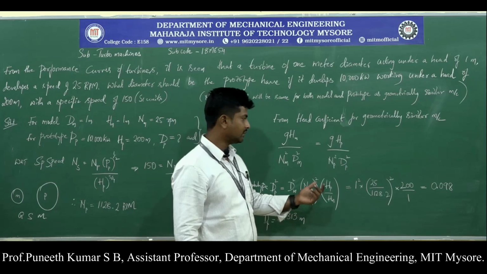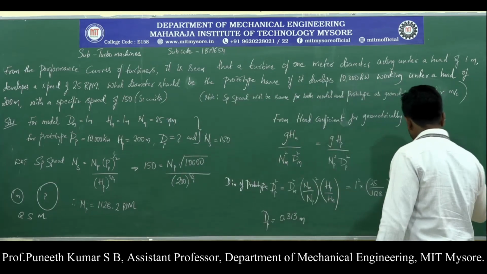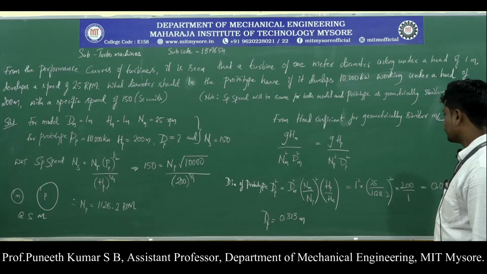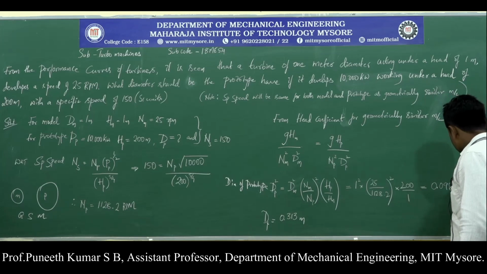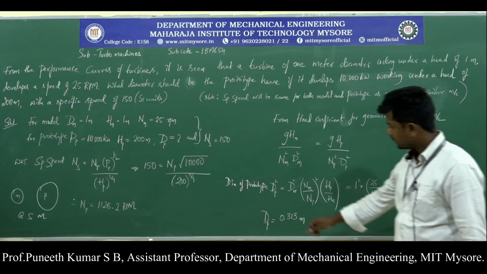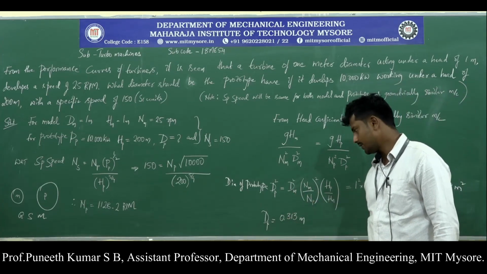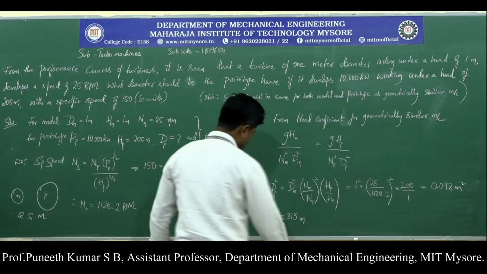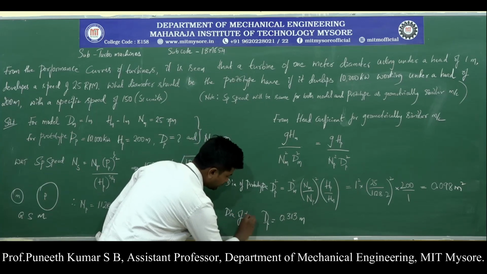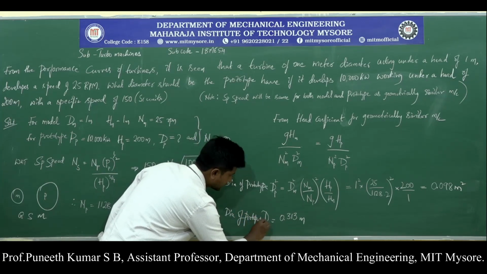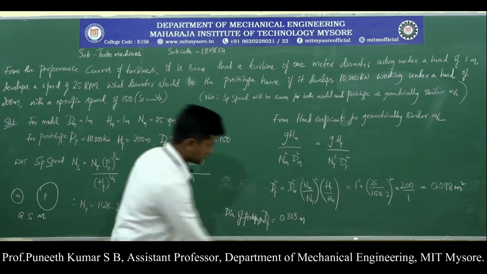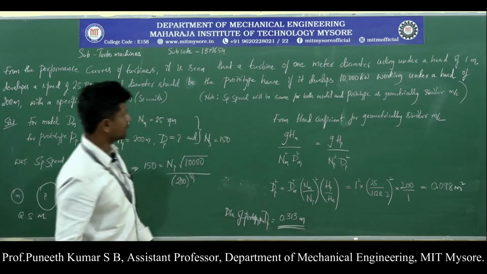This comes out to be 0.098 meter squared, since it is D_p squared. Next, after taking the square root, I will be left with the diameter of the prototype. So this is the answer we are supposed to find.